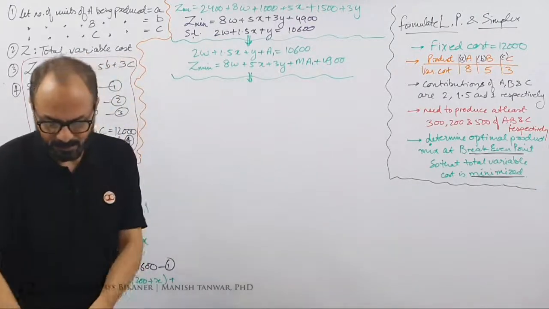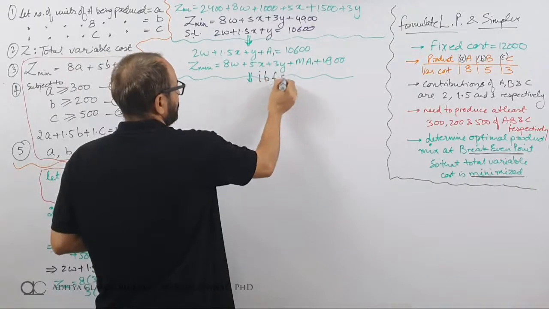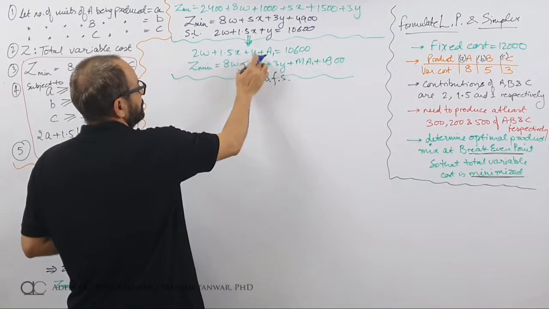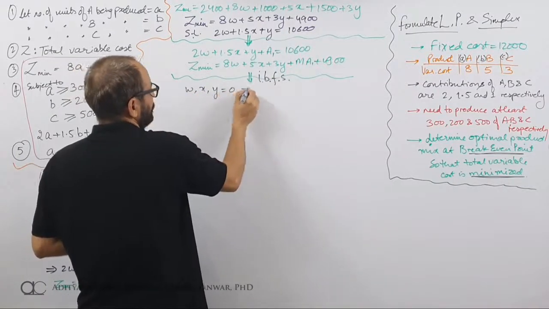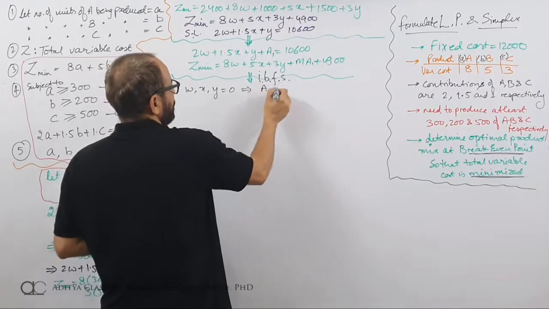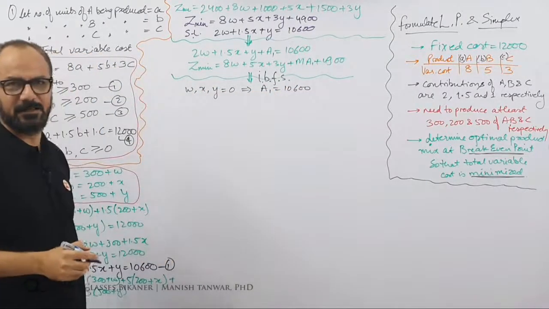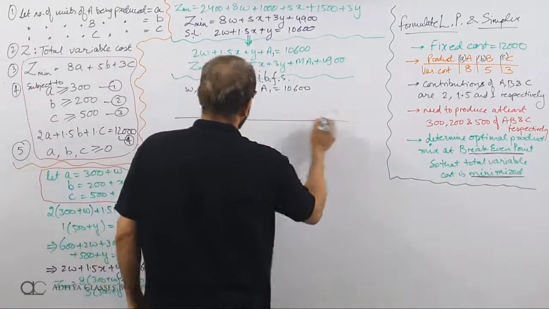when I try to find out IBFS, what will be the IBFS? This is 0, this is 0, this is 0. Put w, x, y is equal to 0, giving me IBFS as a1 is equal to 10600. a1 is 10600. Now if I get IBFS, can I start with my solution?